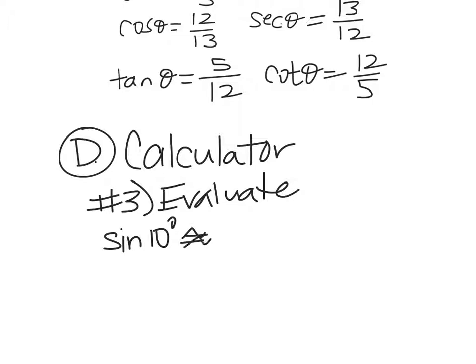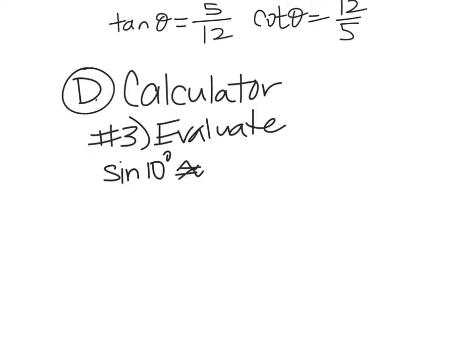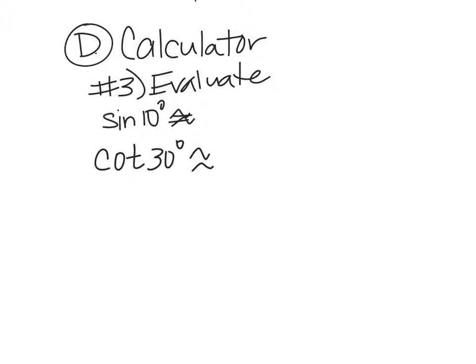And these are all going to be approximations, and you can just approximate to like 2 decimal places is fine. Let's find the cotangent of 30 degrees. Okay. Let's find the tangent of 60 degrees. No, I don't want to do a nice one. 65 degrees.